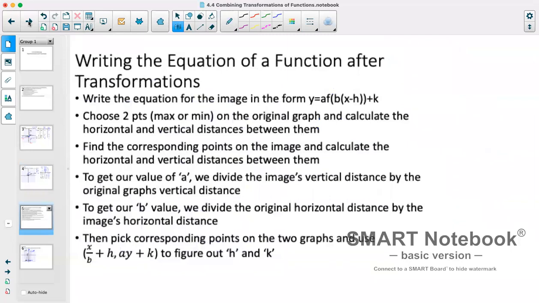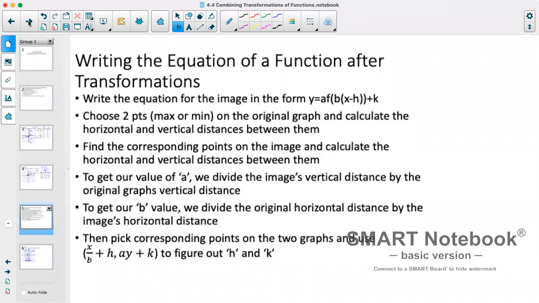Okay, so next we're looking at writing the equation of a function after transformations. So we want to write the equation for the image in the form of y equals a f of b x minus h plus k. To do that, what we want to do is find two corresponding points on each graph. So we'll find a minimum that corresponds on each graph, and for example, a maximum that corresponds on each graph.